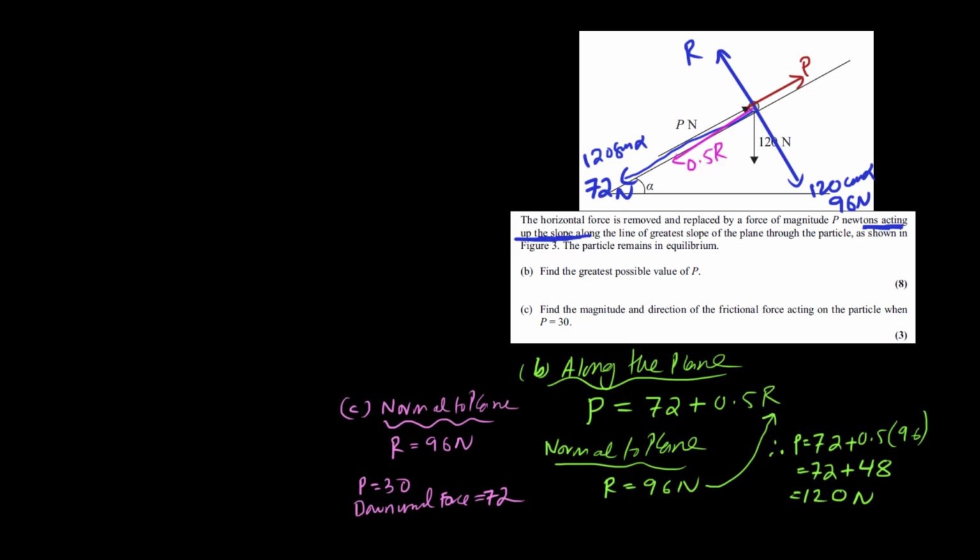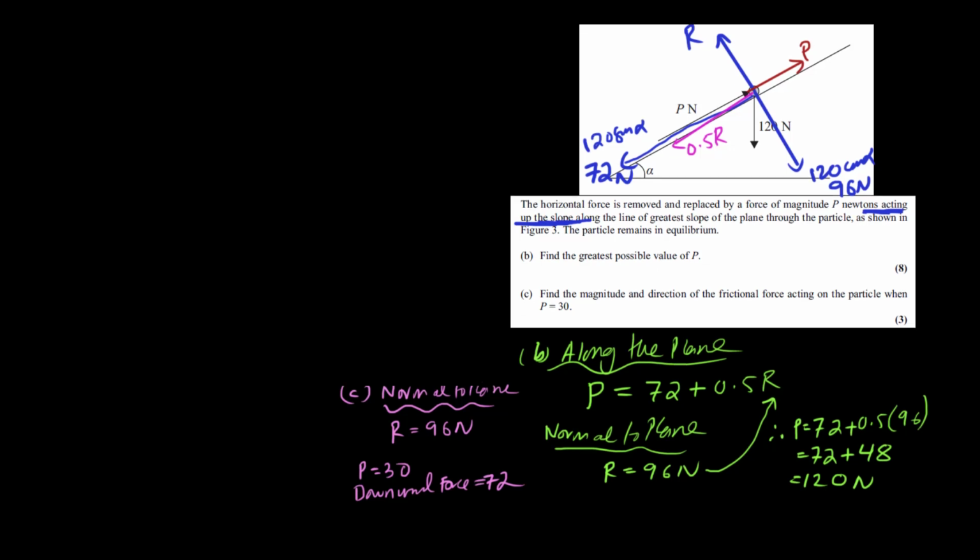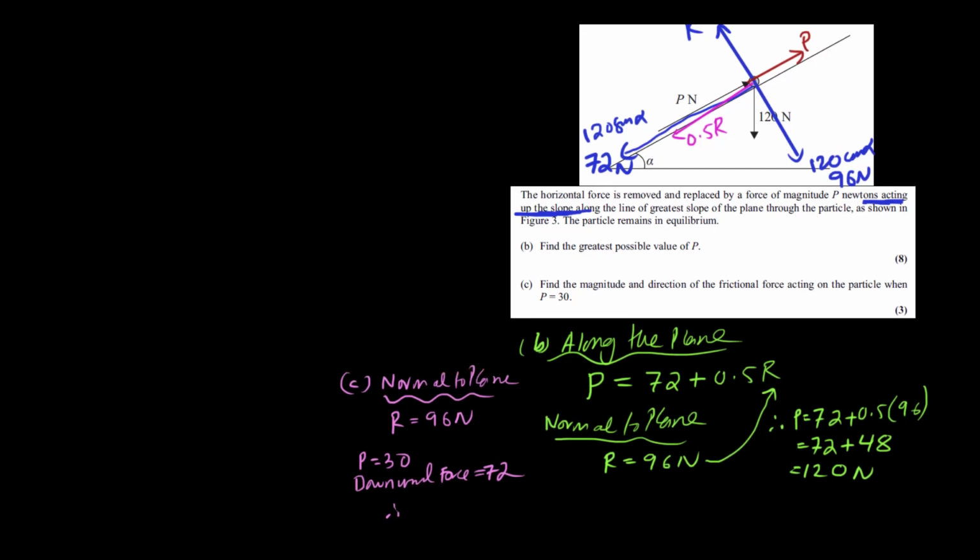So the total downward force is going to be 30 plus 72, and that is going to be 102 Newton.